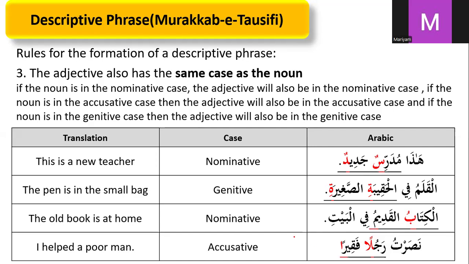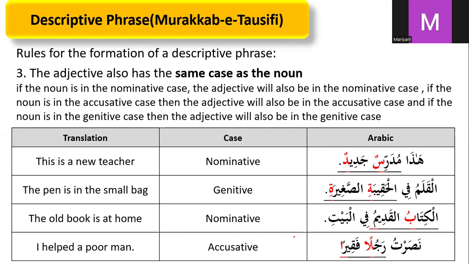So in short, I must say that whatever the structure the noun has, the same structure the adjective has. So the adjective always follows the noun. The first thing we have learned about the descriptive phrase is that the noun comes first and then the adjective. The second is gender. That means if the noun is masculine, the adjective is also masculine.